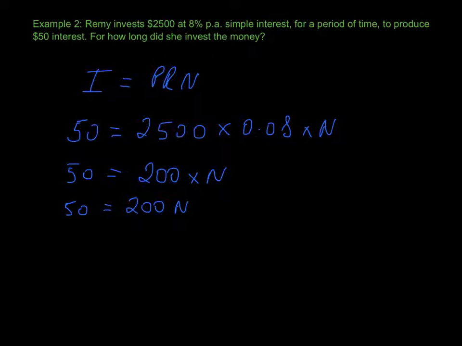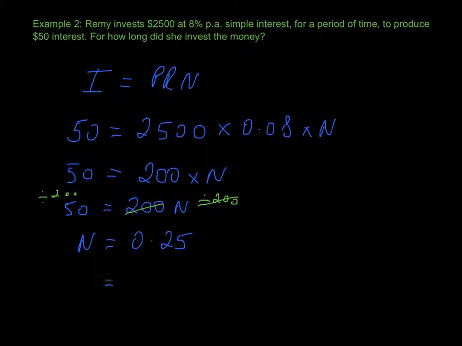So what we can actually do is divide both sides by 200. And that's really going to cancel that off that side. And that will give us what N equals. And N equals 0.25. Now we're talking in terms of years here.